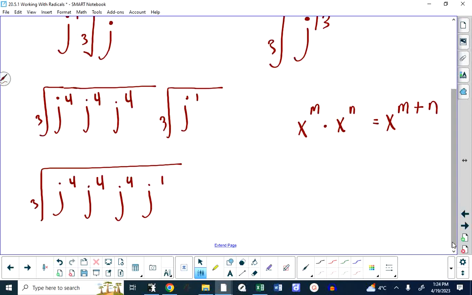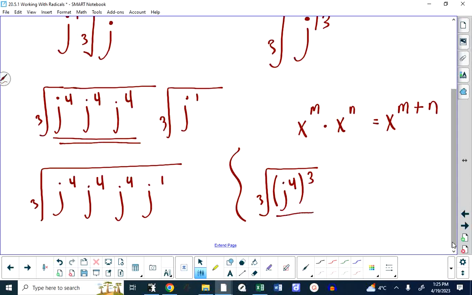There is another way we could have done it. Instead of writing the cube root of j to the 4 times j to the 4 times j to the 4, we could have written the cube root of j to the 4 cubed. Do you agree that j to the 4 times j to the 4 times j to the 4 is j to the 4 cubed?